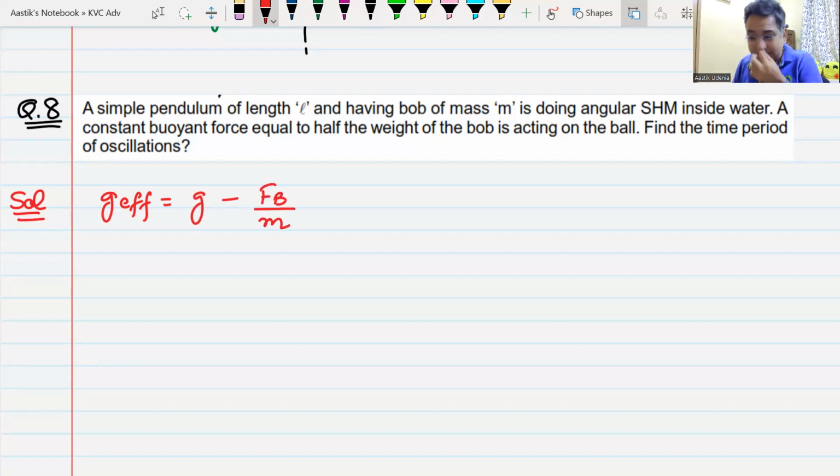You can remember this formula if it is easier for you to remember. For buoyant force, you can use this formula. I forgot to give you, not a problem. So now I can find out the effective value of g. What is the effective value of g that you are going to get, my dear friends? g effective will be equal to g by 2. g by 2, it's going to come.